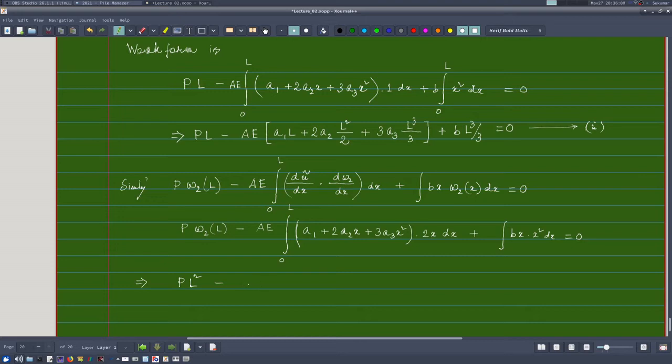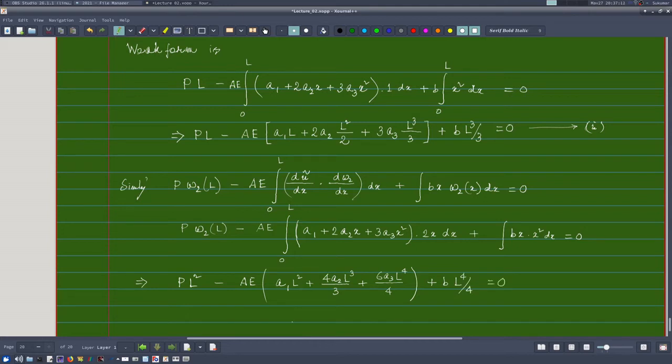Now I need to find out the integral, and because it is quite an easy integral, I'm just writing the final result. So PL square minus AE into A1 L square after simplification, plus 4A2 L cube by 3, plus 6A3 L to the power 4 by 4 after putting the limits, and then plus b into L to the power 4 by 4 is 0.